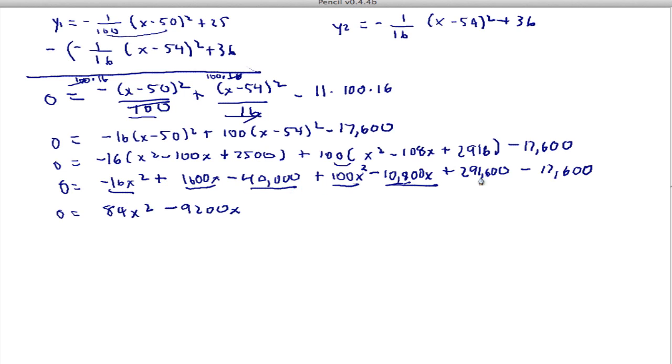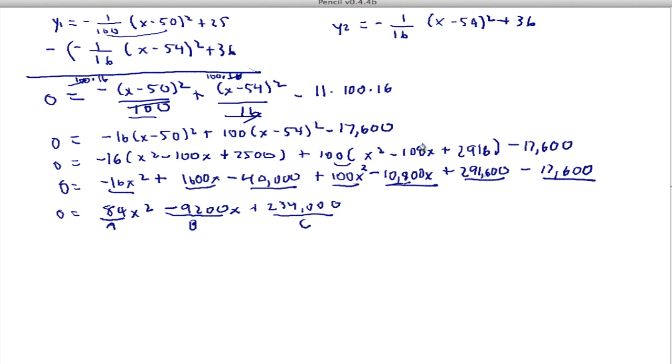We're going to add up all our constants to give us positive 234,000. And obviously, this is going to be a very difficult factoring, which is going to involve the quadratic formula. So we're going to use the coefficient of x squared as our a value, negative 9,200 as our b value, and here's our c value.